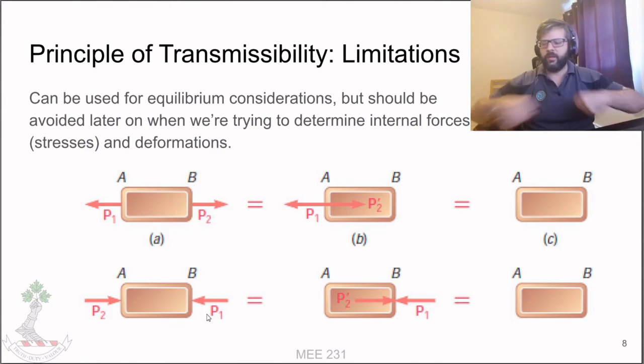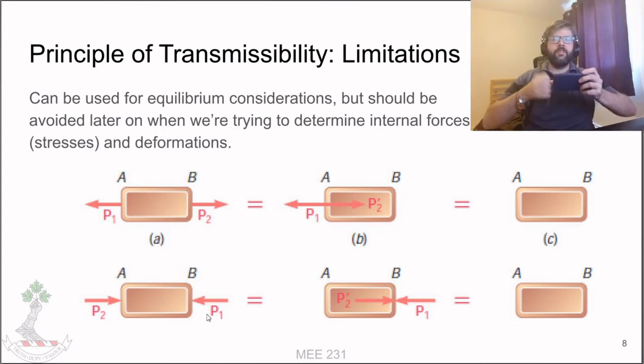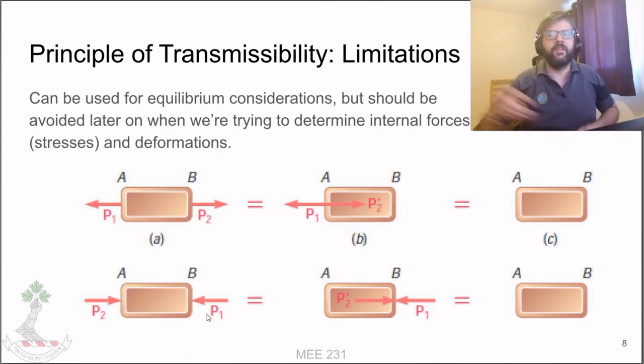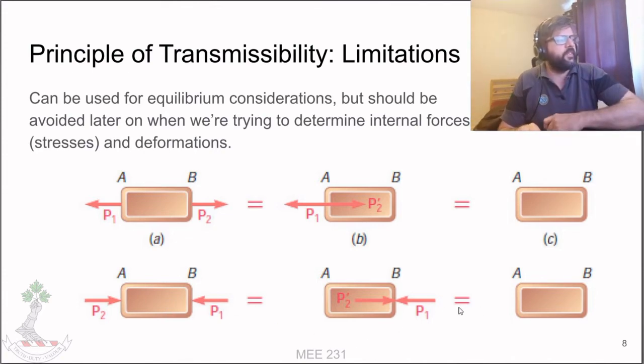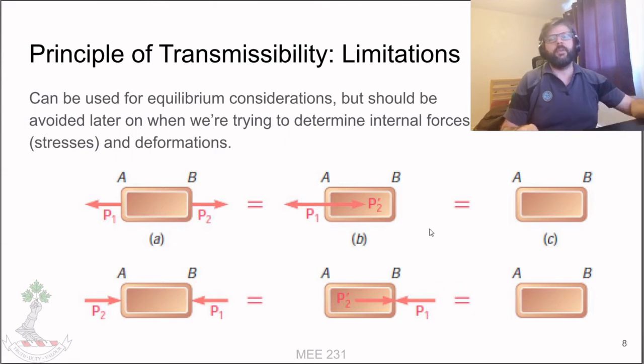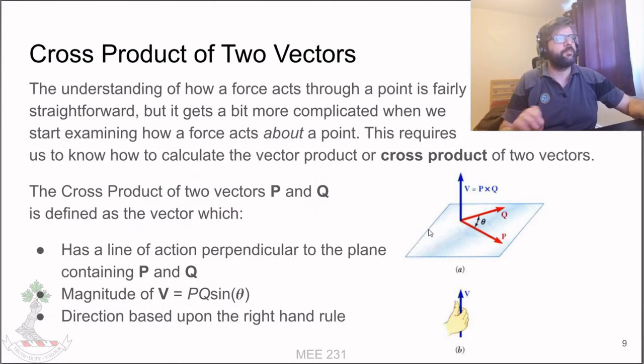If you're pushing together from the ends, or pushing together at the sides, as long as the total forces being applied are the same, as long as they're along the same line of action, then that is equivalent from an equilibrium perspective.